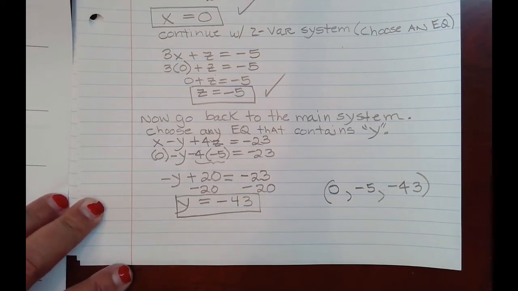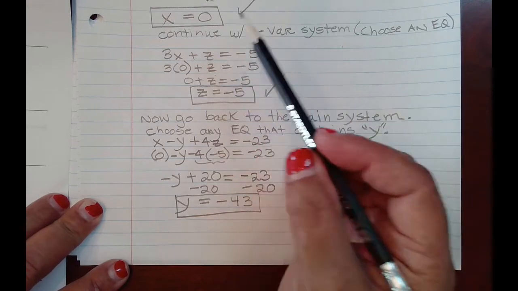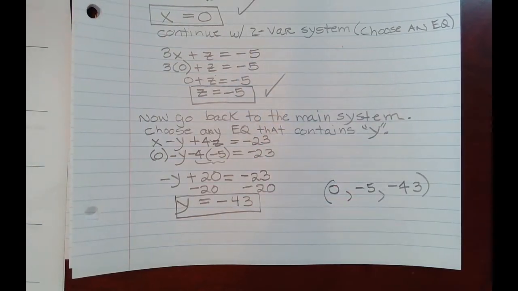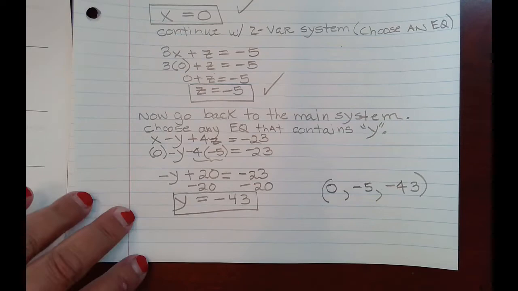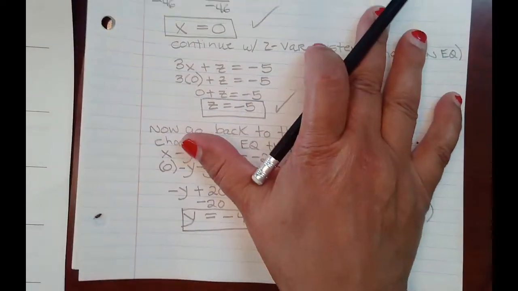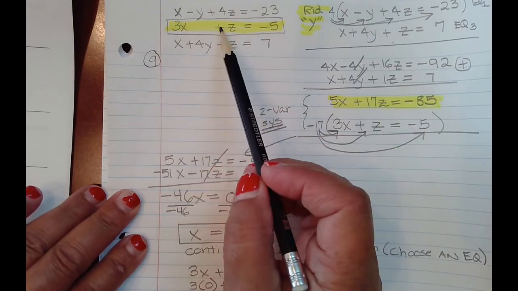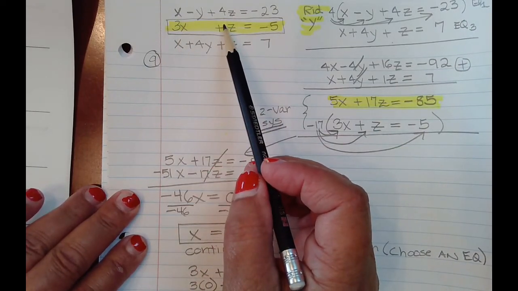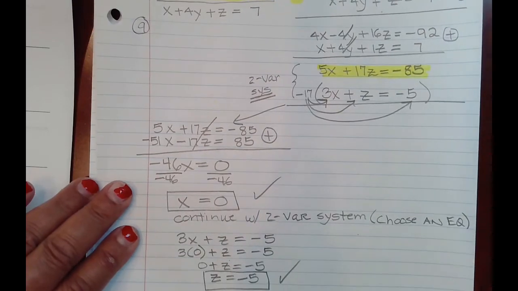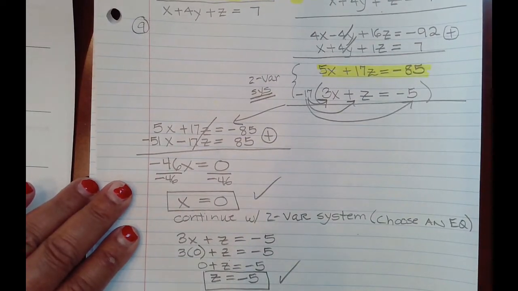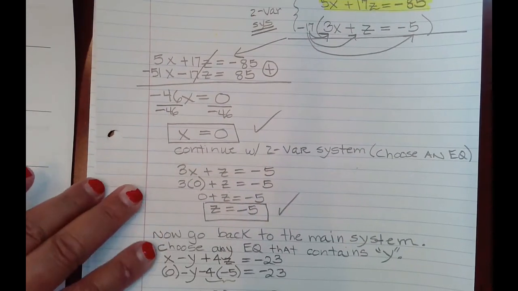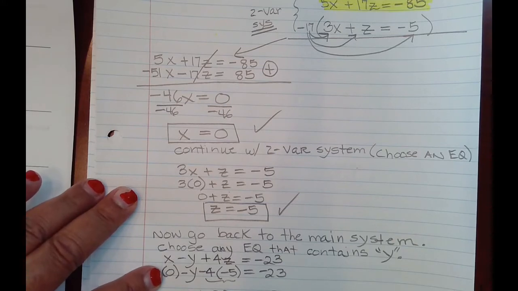Now let me check my work because I think something went wrong with the last answer. X is good, z is good. So x minus y plus 4z is equal to negative 23. I think I copied that right? X minus y. Oh, I see what I did wrong.